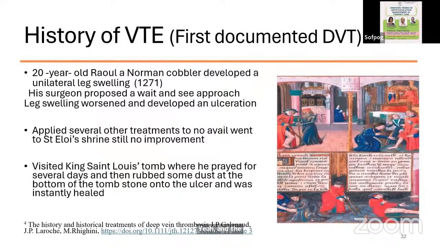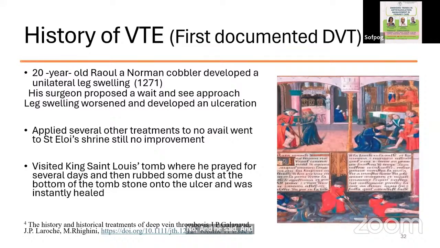Right, so the first DVT that was documented. If you don't document it, you can't attribute. So this is what we have: a 20-year-old male, I think he was Ghanaian. He developed a swelling of the leg, which he said developed in isolation.